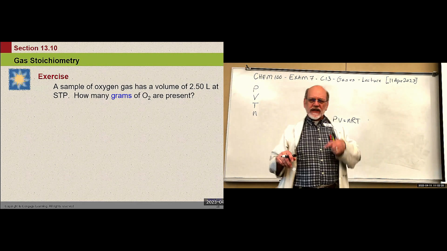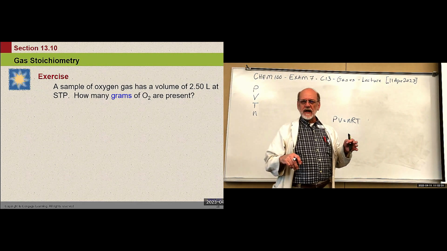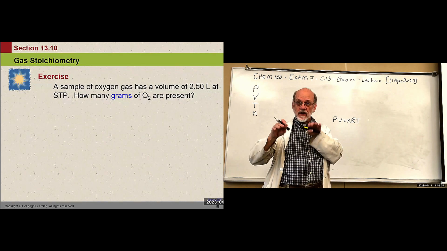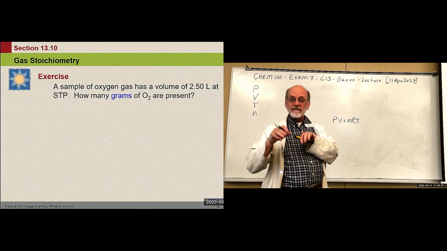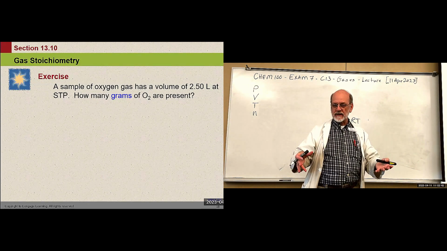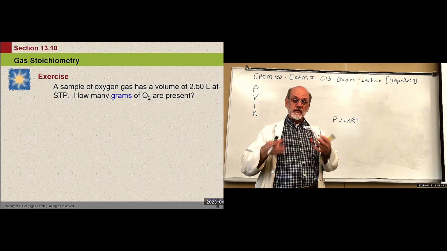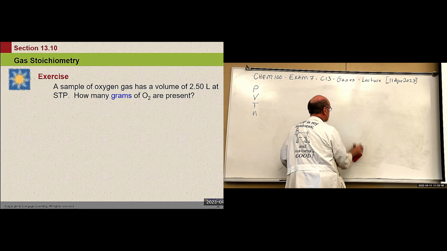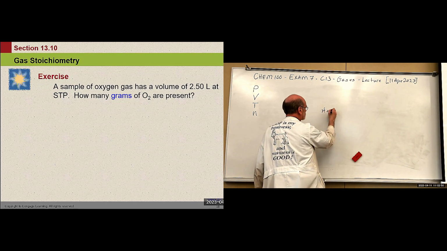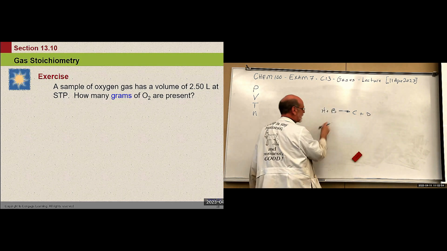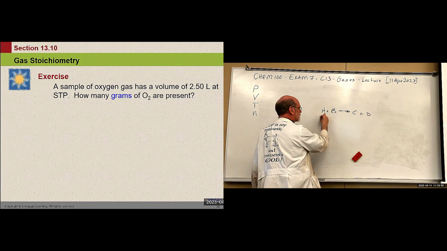So we talked about stoichiometry in the past. When we balance an equation and you're given masses of reactants and you want to find out how much product is produced, that's stoichiometry. Well, we could use stoichiometry with the gases too, because once you have a balanced equation, all you need to do is convert to moles.